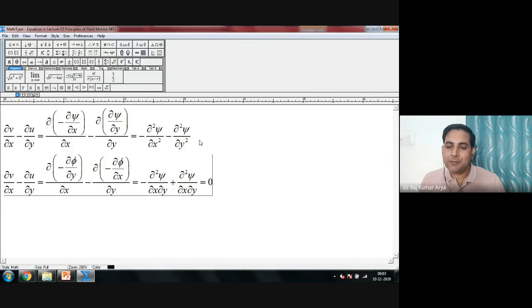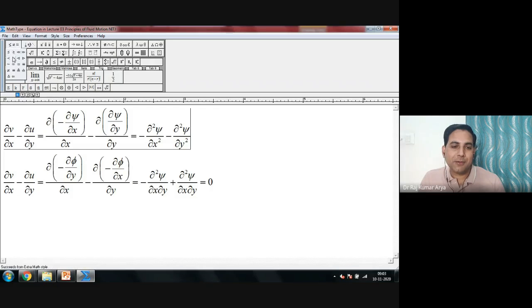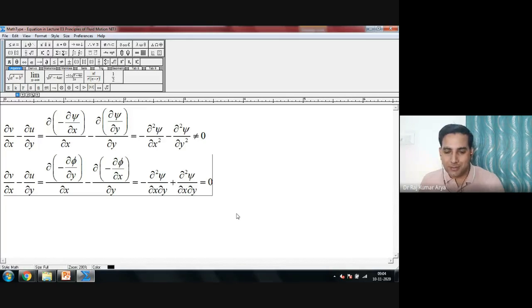This is not equal to zero, so you can put a not equal to sign here. So what is concluding from here? Actually, sorry, this is phi, right? So what are you concluding from these two derivations?